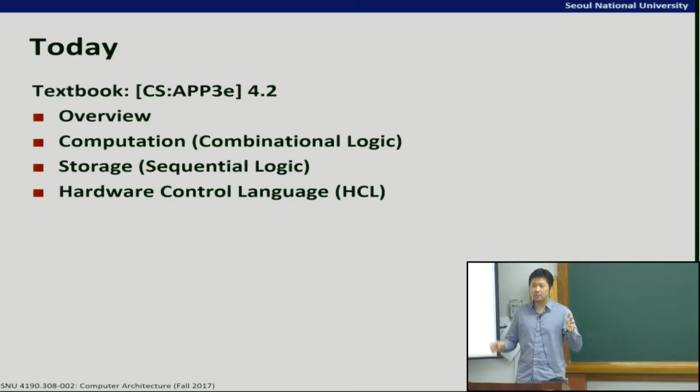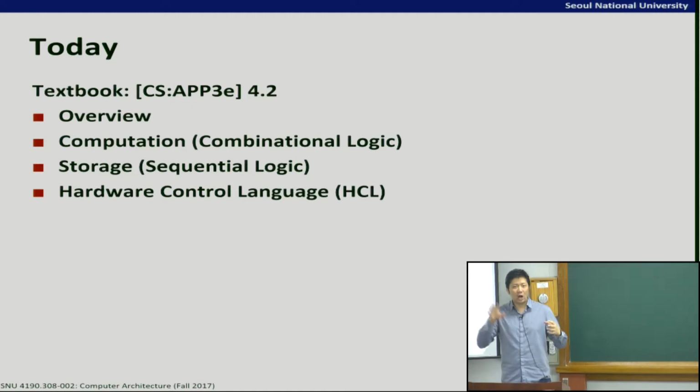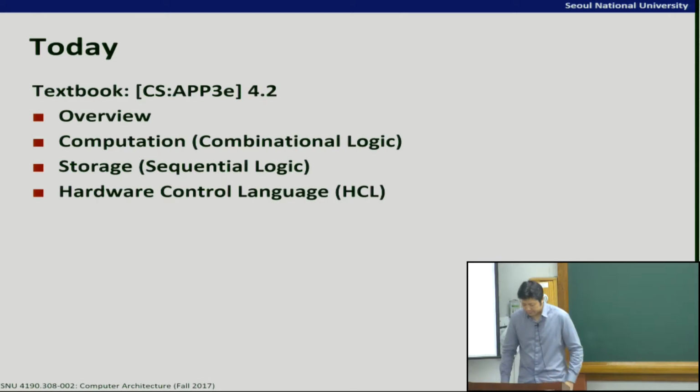So the output will change immediately after a little bit of delay, of course. The second one is sequential logic, which actually has memory in it, like flip-flops, latches, all these things. So the output in sequential logic is a function of both the current input and the history of the input. That's the difference between combinational and sequential logic.